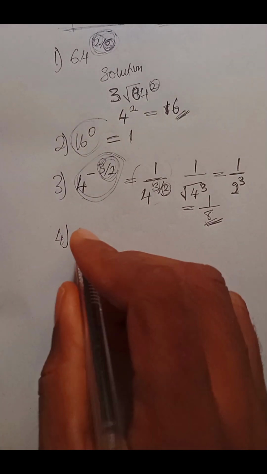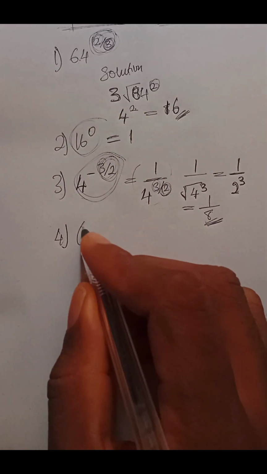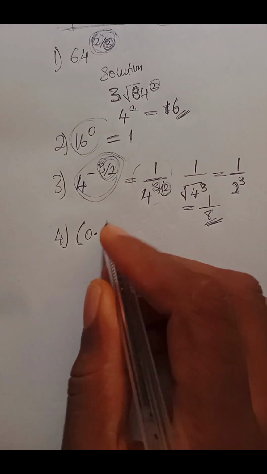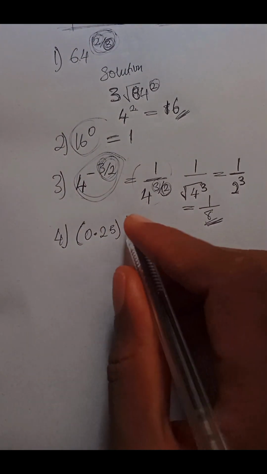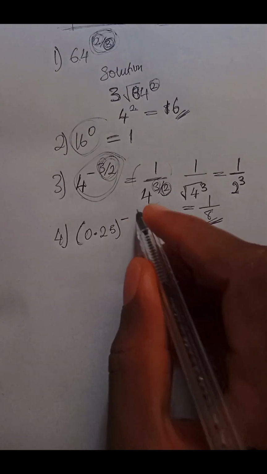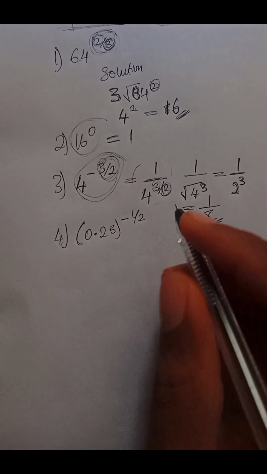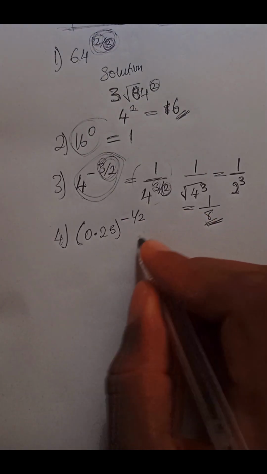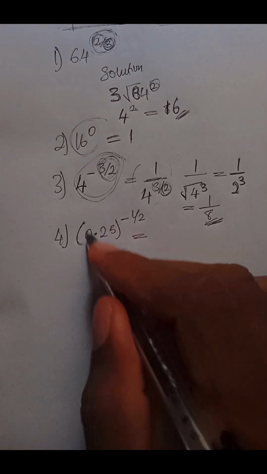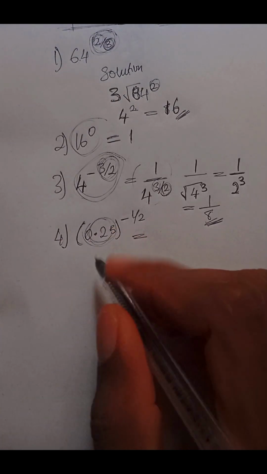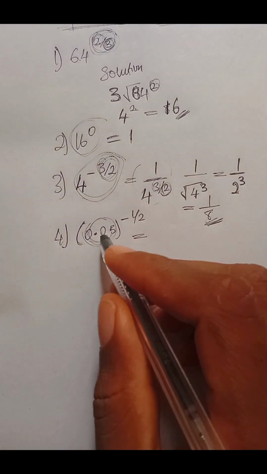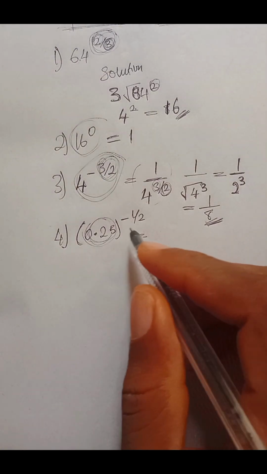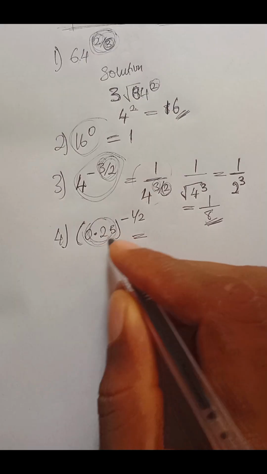Then our question number 4. We have a decimal, 0.25 raised to the power of minus 1 over 2. When you have a decimal, you make sure you express it as a fraction before applying the law of indices.